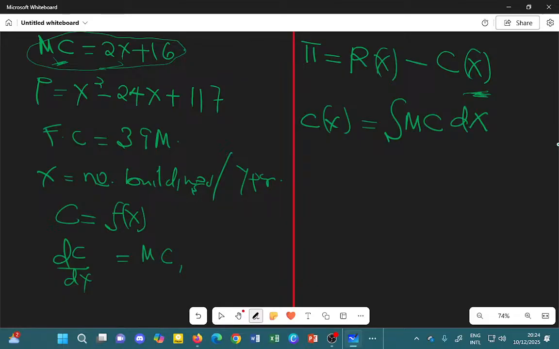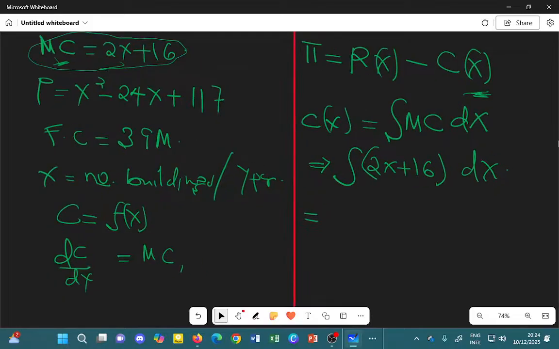And that will be the integral of 2x plus 16 dx. If you integrate that, you simply raise the power by 1 and divide by the same power.